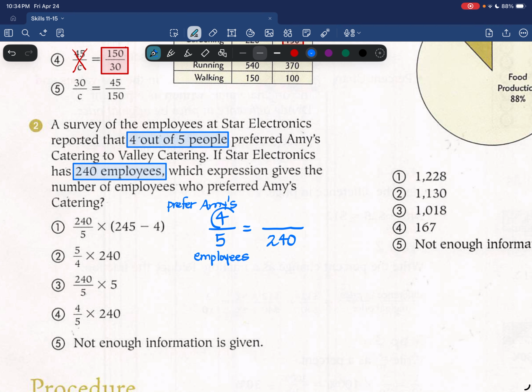So I will draw my peanut. Oops. Sorry. Let me color that in for you so you can see exactly what I'm talking about. 4 times 240. You always multiply a peanut. So I am looking for something that gives me 4 times 240.